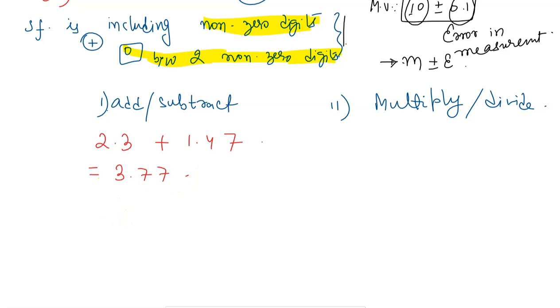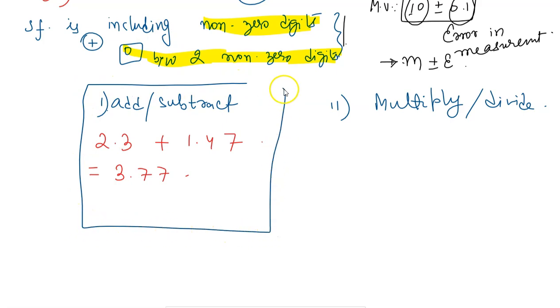But how will I present this result? We have to remember that in addition or subtraction, the final result should only contain the smaller number of digits after the decimal. Here you can see one digit in 2.3 and two digits in 1.47, so it will contain only one digit. So I can write this as 3.8. You can see here I am also including the rounding of the values.